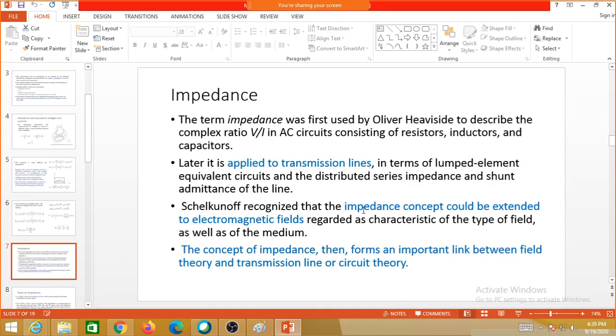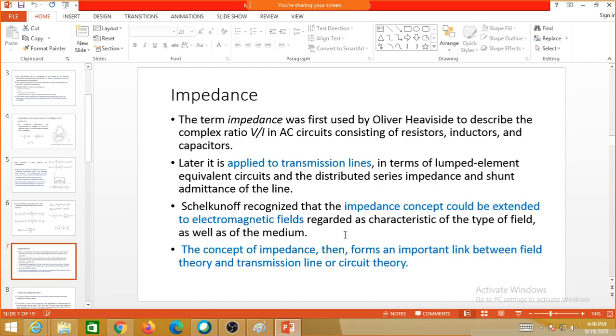These impedance concepts can be extended to electromagnetic fields also, and it is regarded as a characteristic of the type of field as well as the medium. As I said, we can define the impedance for a particular type of wave, that is TM, TE or TEM, or you can define it for a medium. Take the example of the intrinsic impedance of the medium.